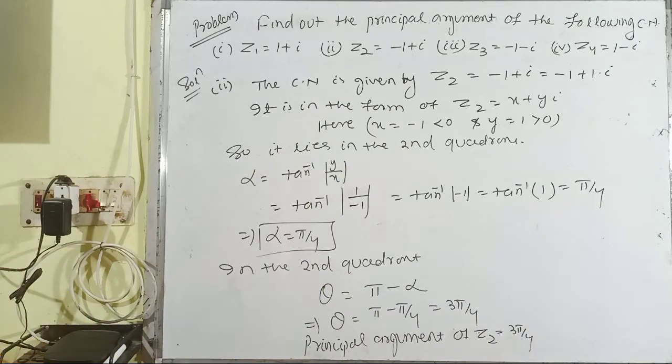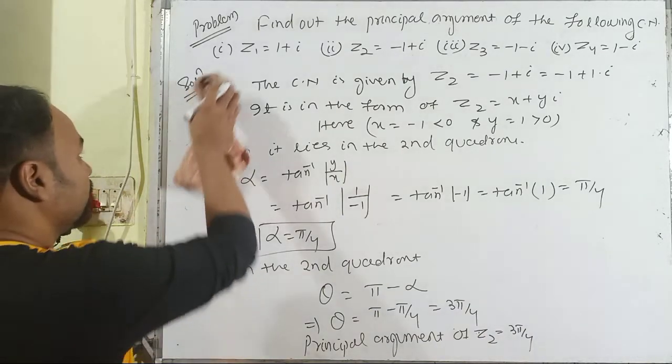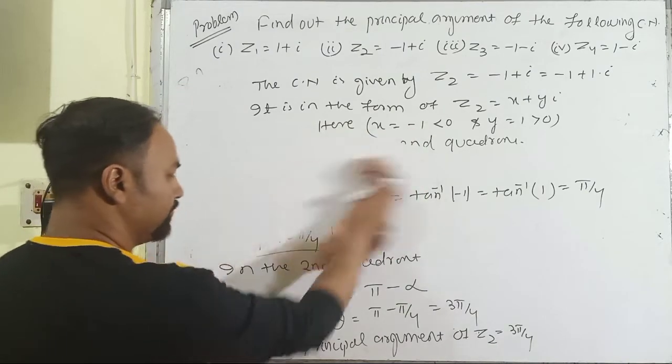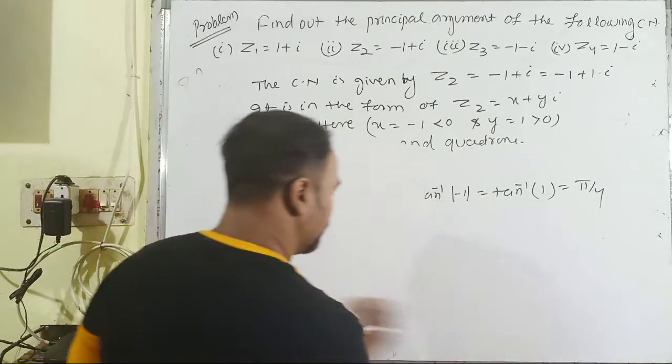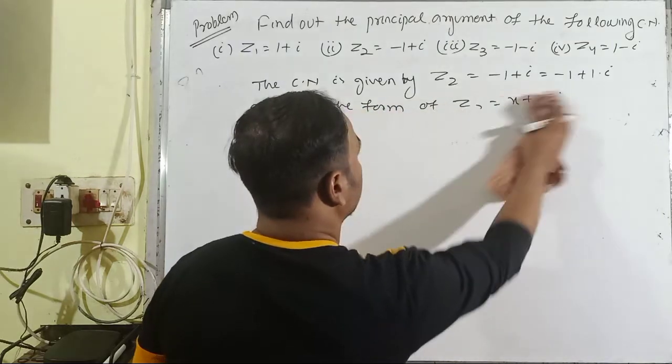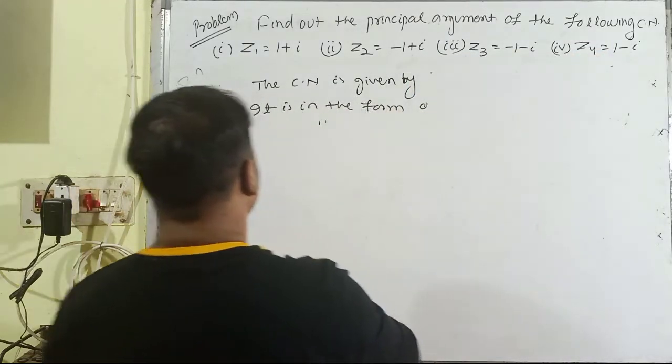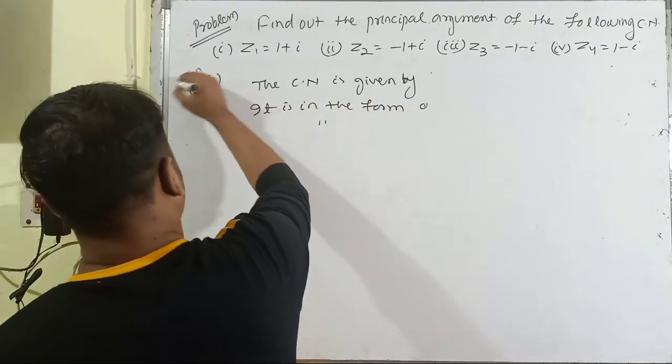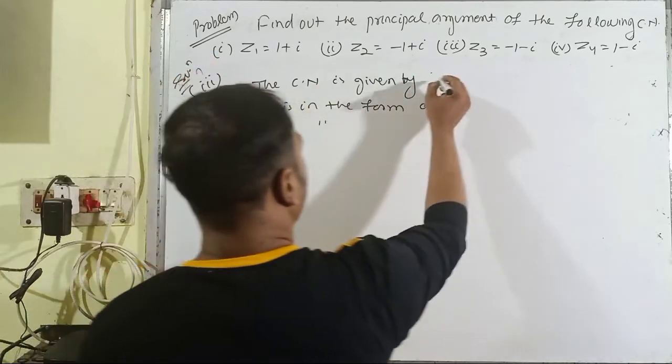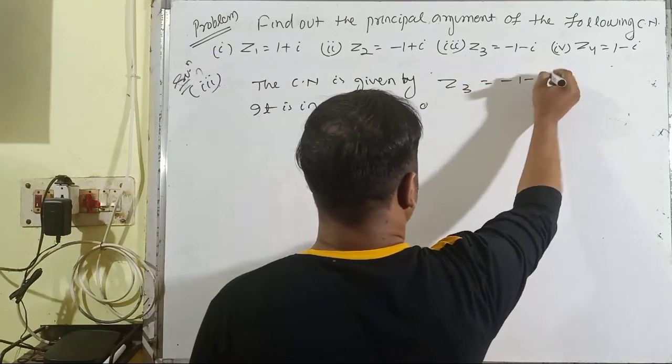Then moving towards the third bit. Z3 is equal to -1 minus i.